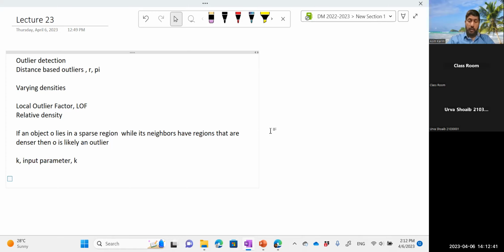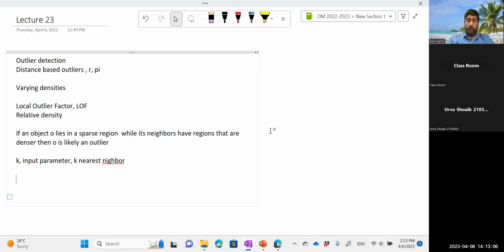Okay? You can set K, of course, K equal to 1 would not give you much help. So usually K is greater than 1, 2, 3, 4, whatever, depending on your data set. So this parameter is required.